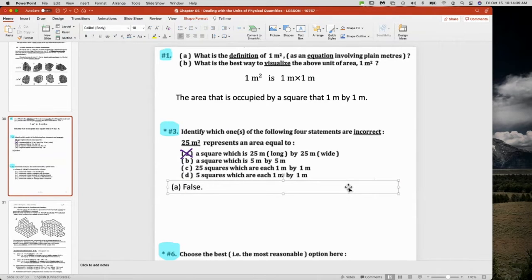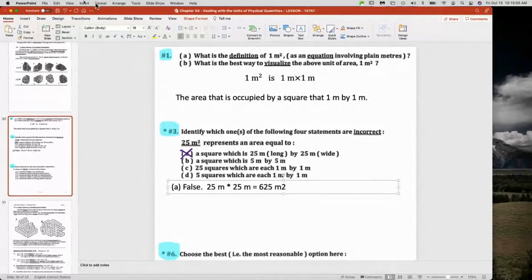If you had a square that's 25 by 25, 25 meters by 25 meters is 625 meters squared. Yeah, you need a square root on that, exactly. So based on Nicholas's comment, if this was 5 by 5, it'd be okay.